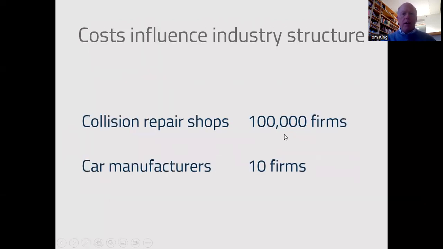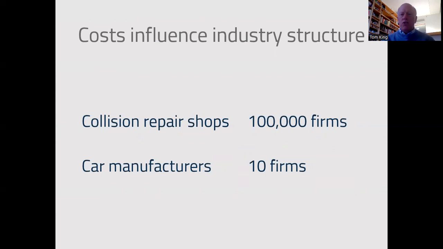Now, this matters because cost behaviors can influence industry structure in the future. So let's reflect on collision repair shops and car manufacturers in the United States at the time of this filming. Order of magnitude, there are roughly 100,000 body shops in the United States right now. And order of magnitude, there are about 10 manufacturing firms operating in the United States making cars.